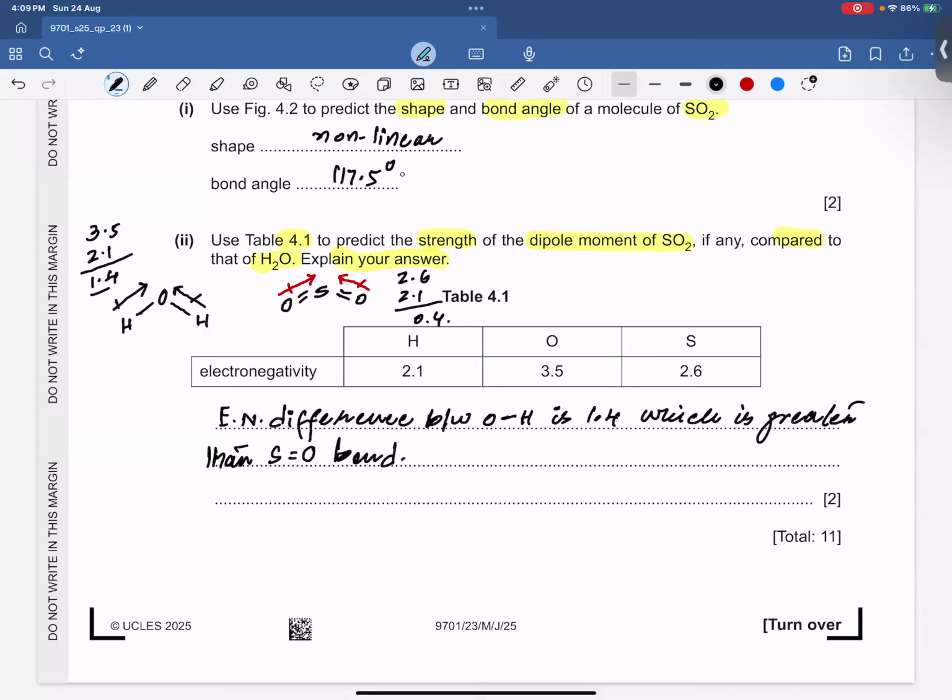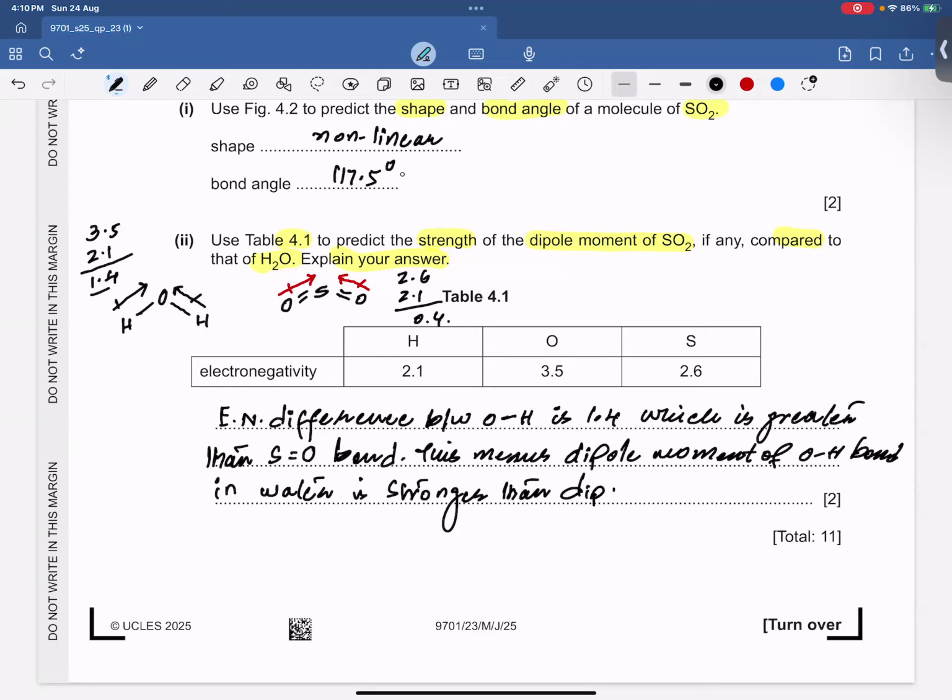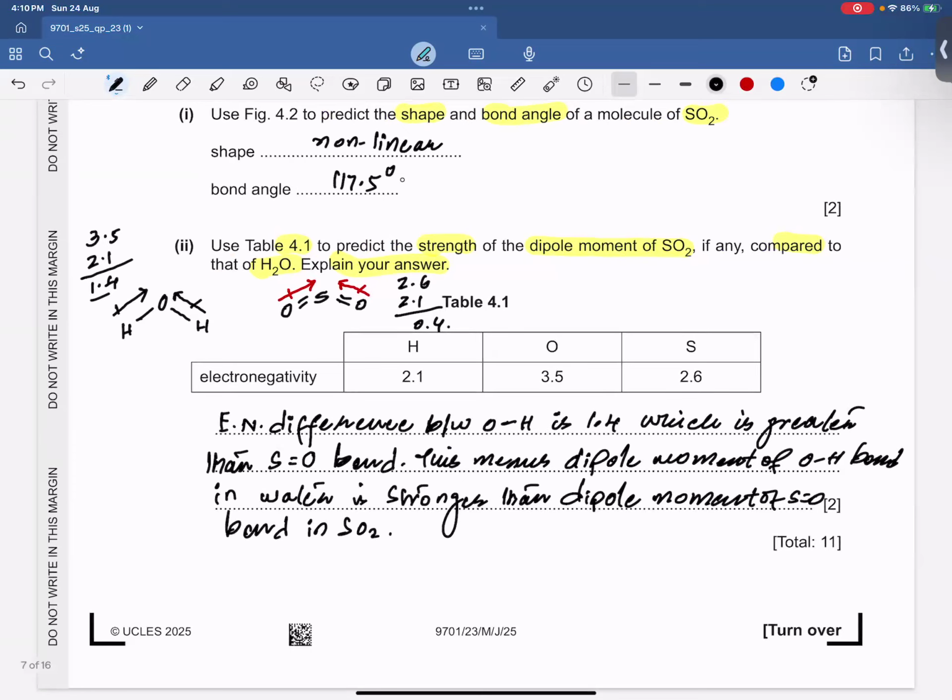This means dipole moment of OH bond in water is stronger than dipole moment of SO bond in sulfur dioxide. Hence, water is more polar than SO2.